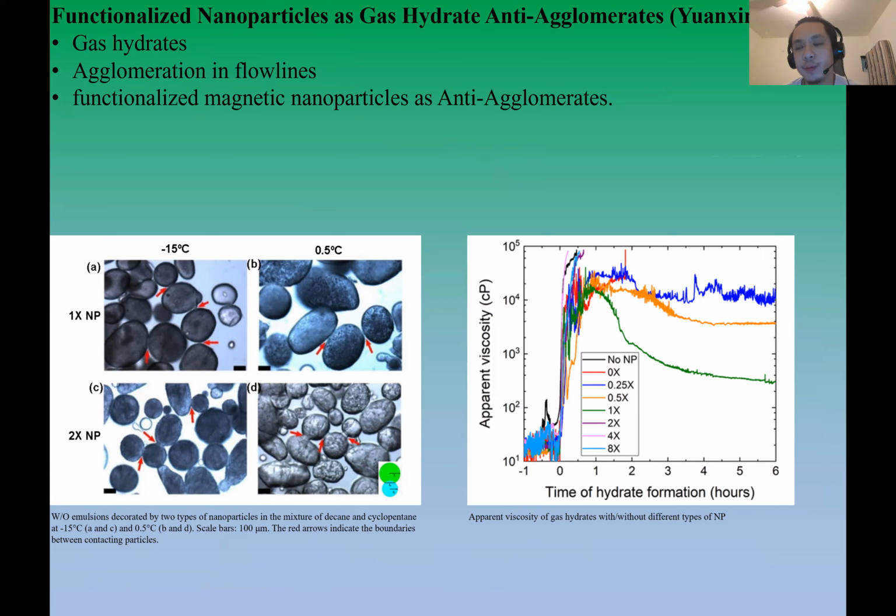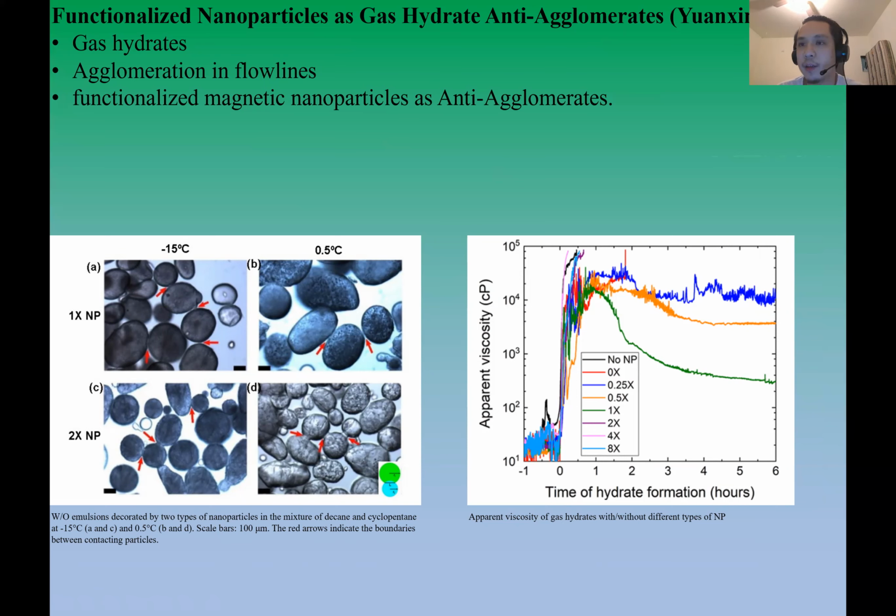In petroleum engineering, when engineers try to transport petroleum and gas from the oceans to the land, they always meet the problem that agglomeration will happen in the flow line, which will cause damage to the pipelines. Nowadays, the most common method to prevent this problem is to add more organic solutions to prevent the agglomeration.